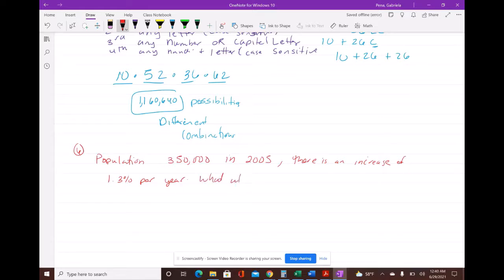What will the population be in 2015, and what is the exponential growth?